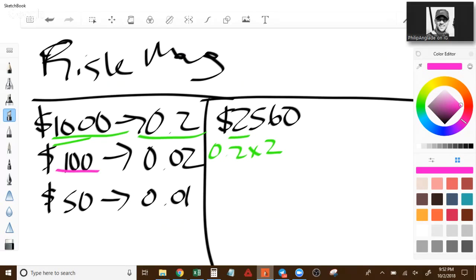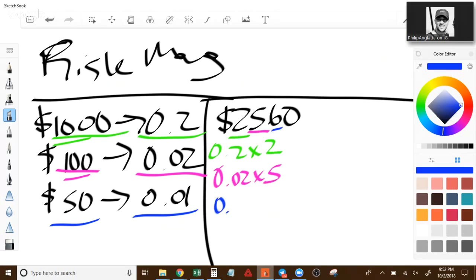And then for every $100 in your account, you do a 0.02. Well, we have 5 hundreds, so it's going to be 0.02 times 5. And then for every $50 in your account, 0.01. Well, we have only one of those 50s.